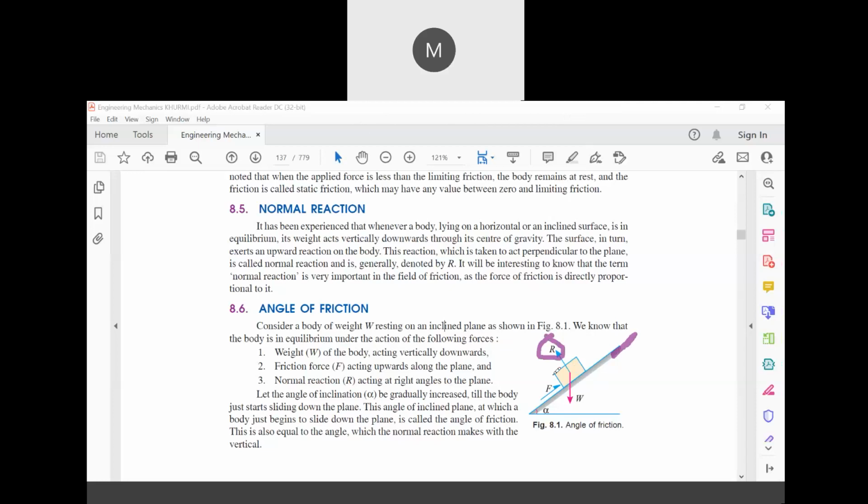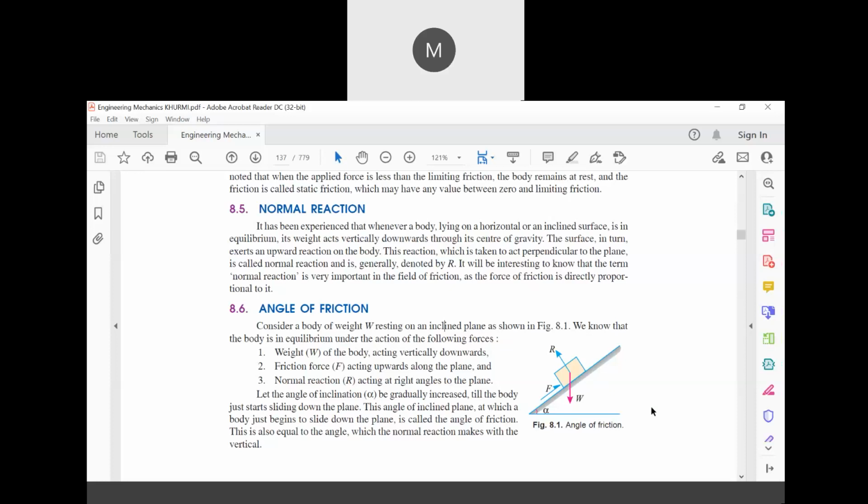So the normal reaction is acting perpendicular, but the W is acting this way. Is it clear? And remember one thing. When an object is moving downwards, suppose here, then the friction will always act in the opposite direction. So this is how we have to solve it. Is it okay?